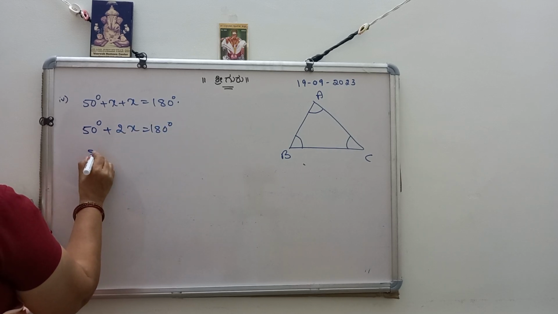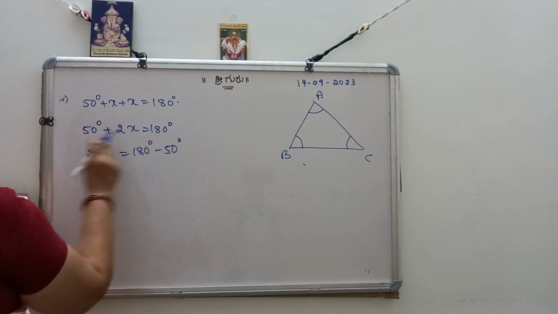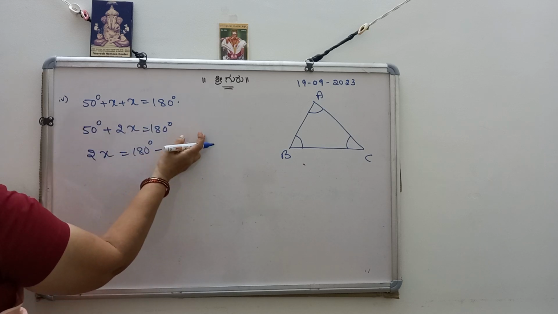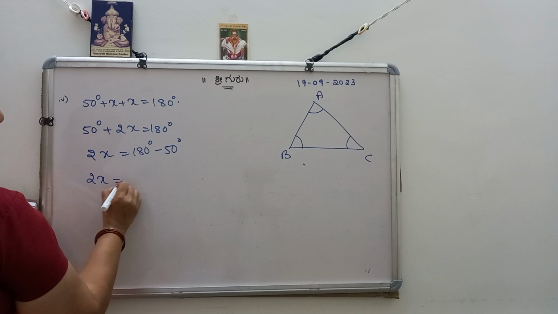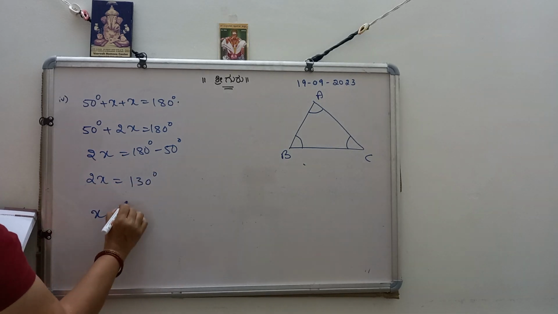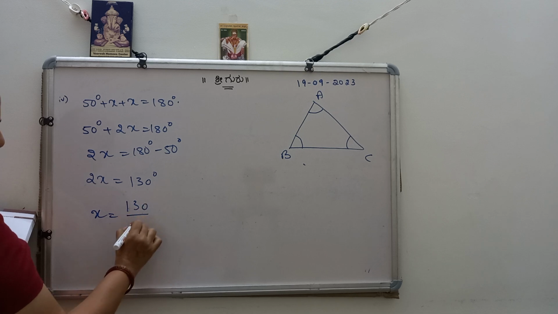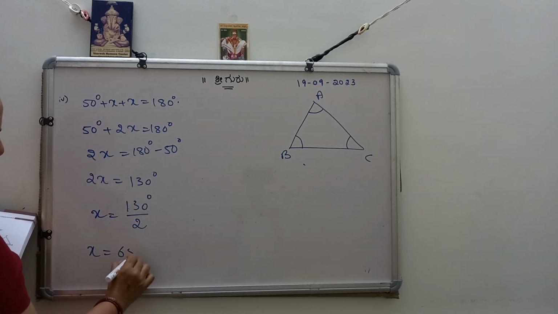Here 2x is equal to 180 degrees minus 50 degrees. This 50 degrees, if it comes to the other side, the sign will change. 2x is equal to 130 degrees. X is equal to 130 degrees divided by 2. X is equal to 65 degrees.